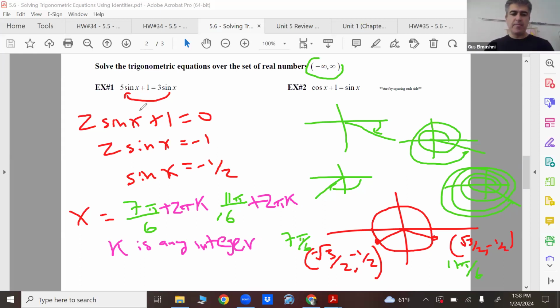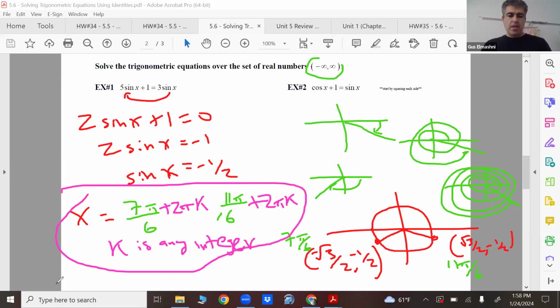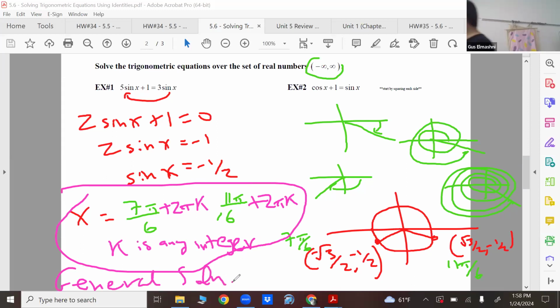So all this right here is called a general solution. So 7 pi over 6, 11 pi over 6, but plus 2 pi k.